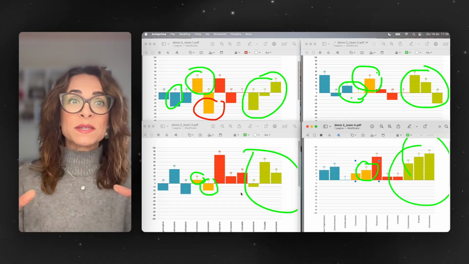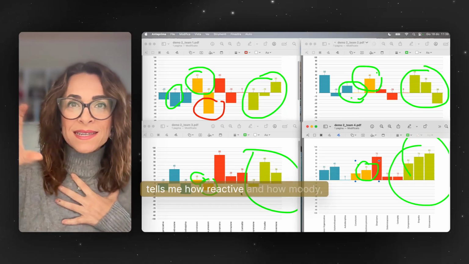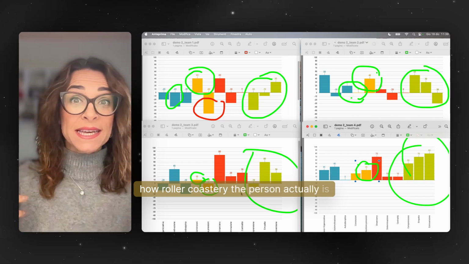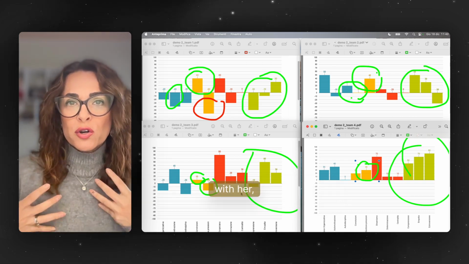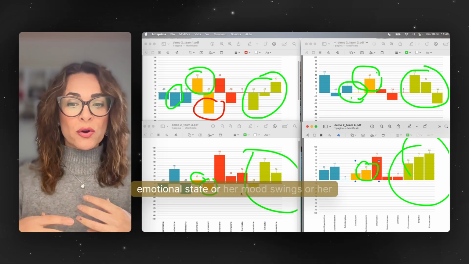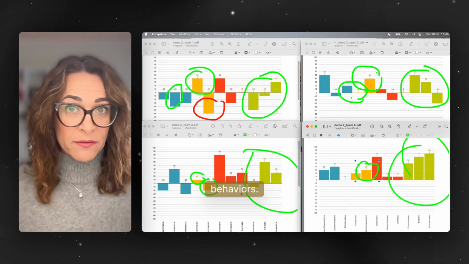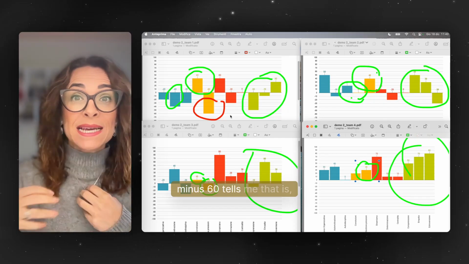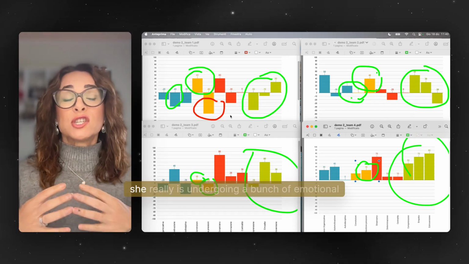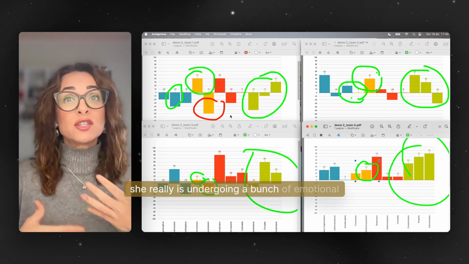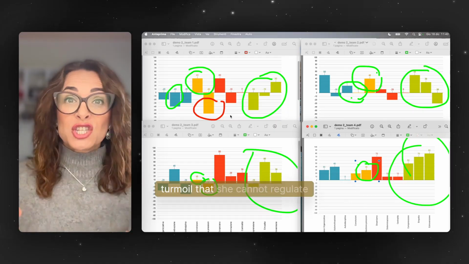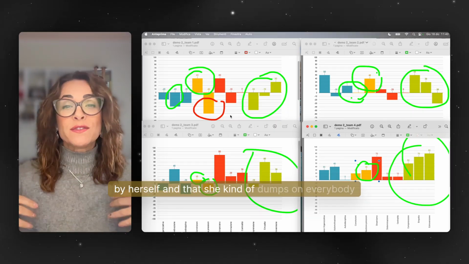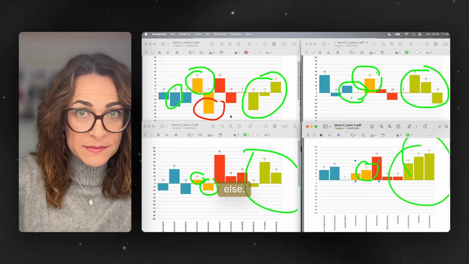So pressure management tells me how reactive and how moody, how roller coastery the person actually is with her emotional state, her mood swings or her behaviors. So someone who's got pressure management at -60 tells me that she really is undergoing a bunch of emotional turmoil that she cannot regulate by herself and that she kind of dumps on everybody else.